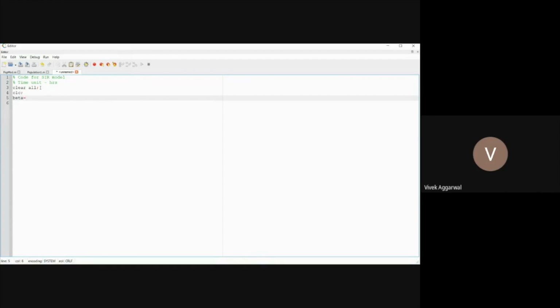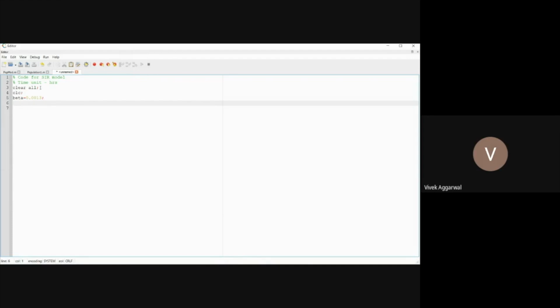We know that this factor should be there to calculate S, I, and R. This beta is calculated with the help of experiments. So let's take this value equal to 0.0013. This one I have taken from the book.